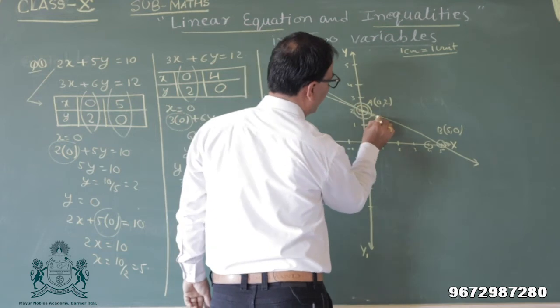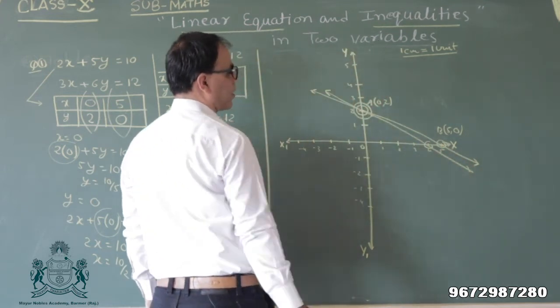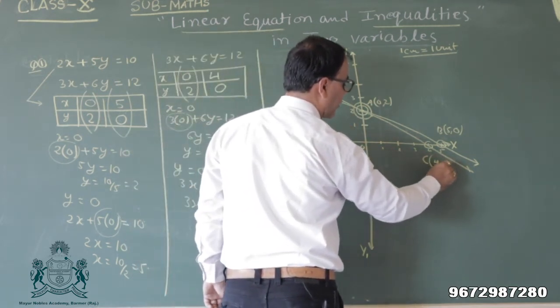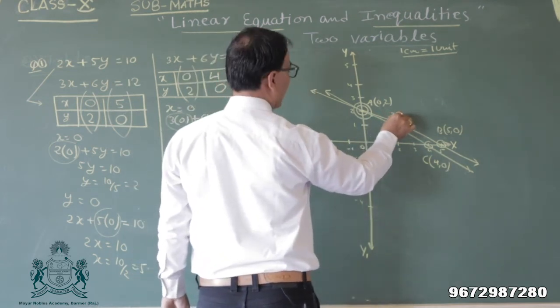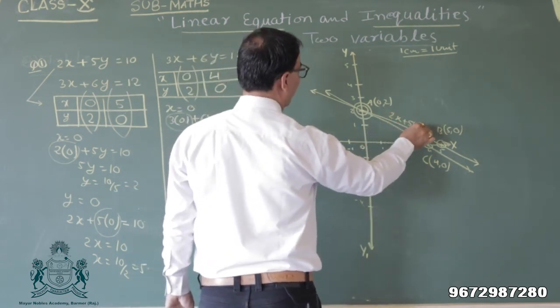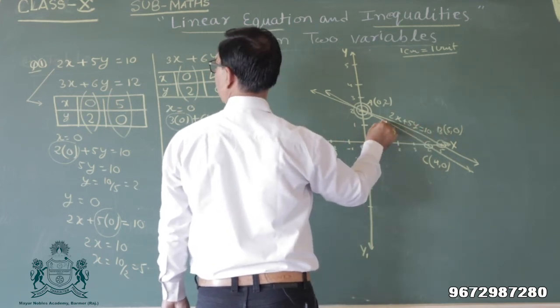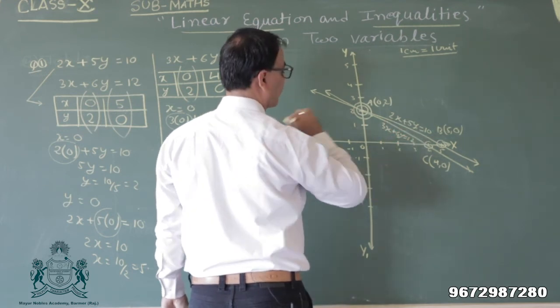Join this. Two lines are intersecting at point A, coordinate of C 4 and 0. Equation of first line 2x plus 5y equal to 10. And equation of second line 3x plus 6y equal to 12.